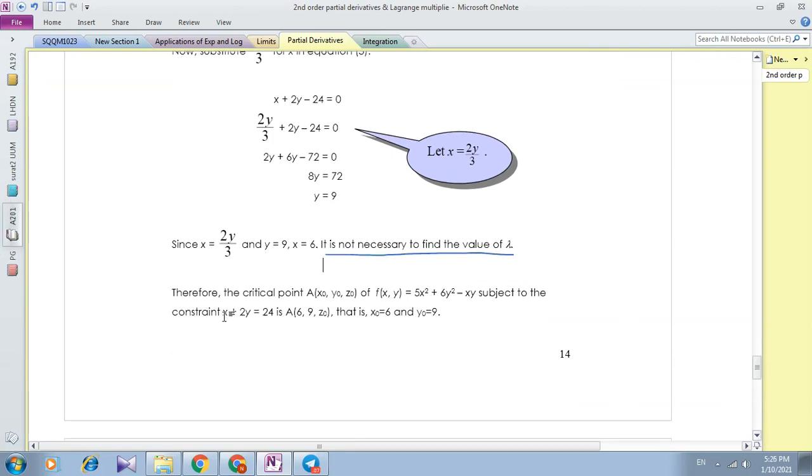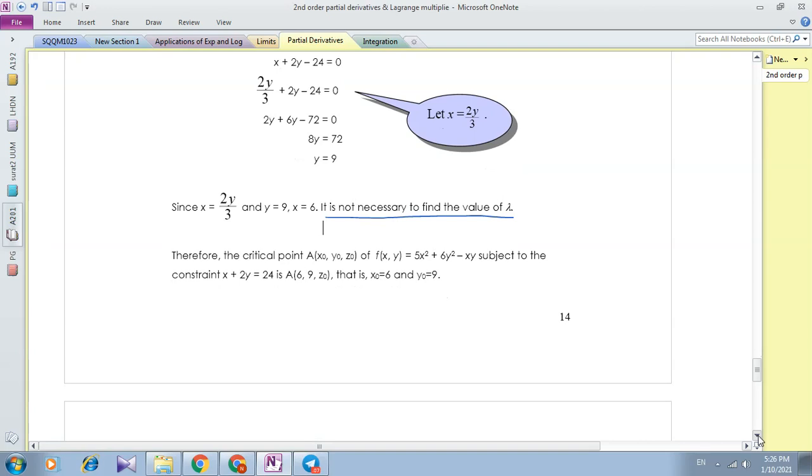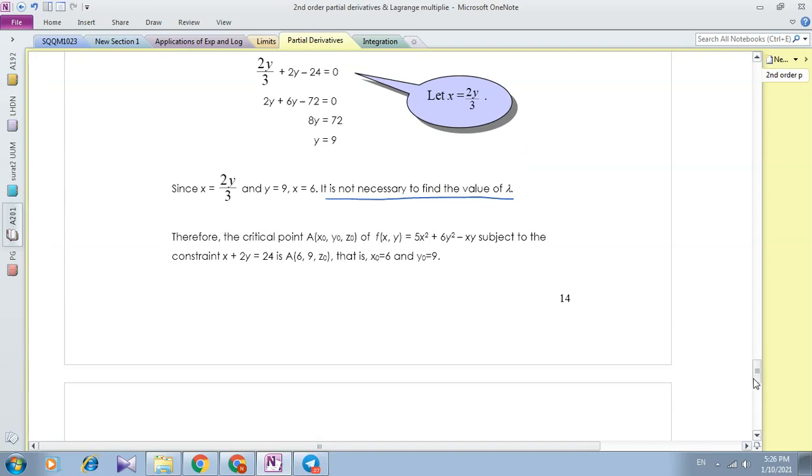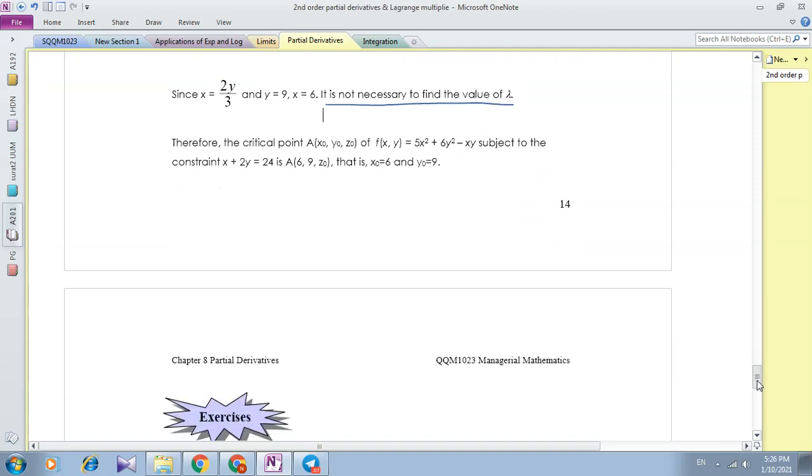Therefore the critical point of f, subject to the given constraint, is (6, 9). So that's how you find the critical point subject to any given constraint.